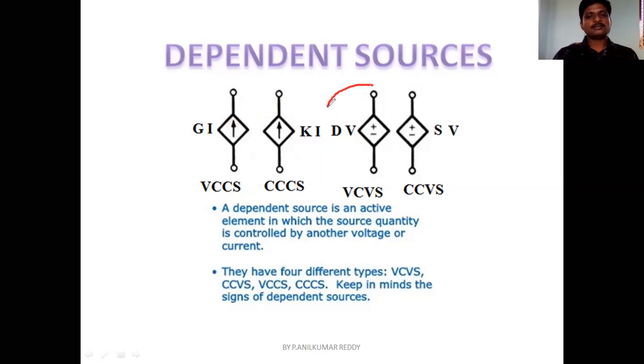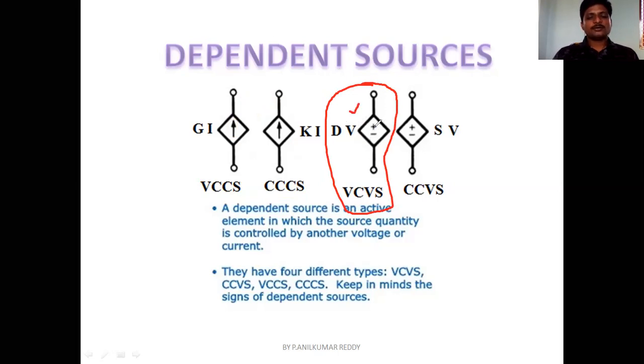Now let us look into dependent voltage sources. The first voltage source is voltage controlled voltage source, which means the output voltage of this source depends on some other value of voltage.